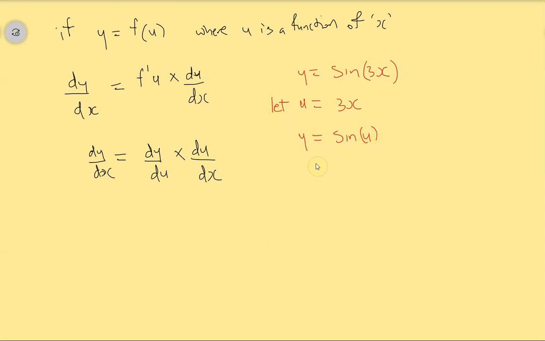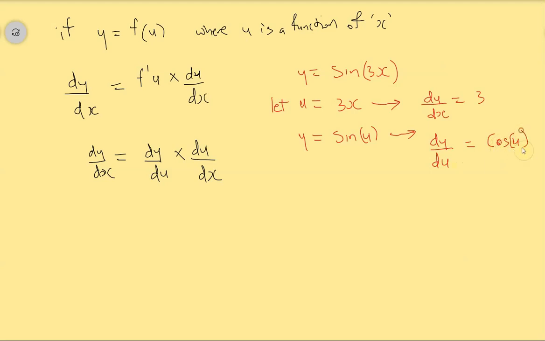Now let's find our dy/du and our du/dx. Let's find du/dx first. That is just 3. du/dx is equal to 3, and our dy/du is equal to cosine u.